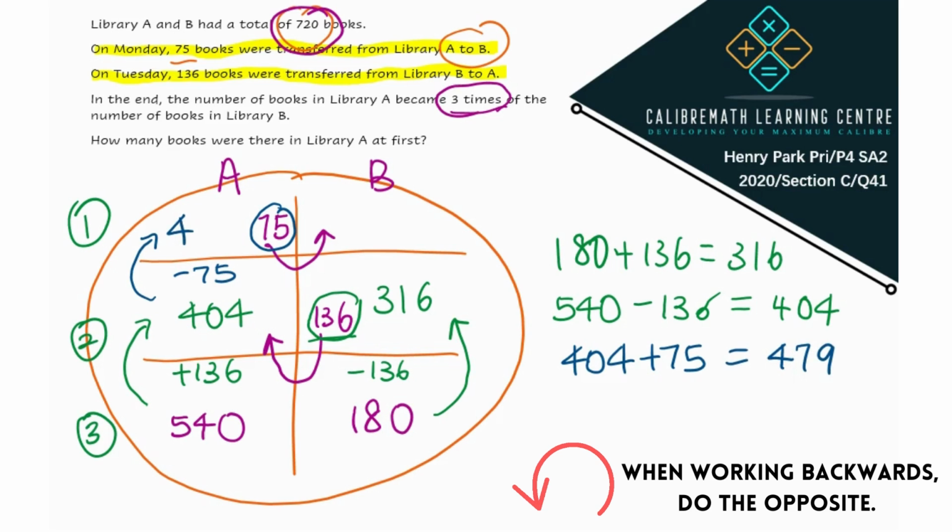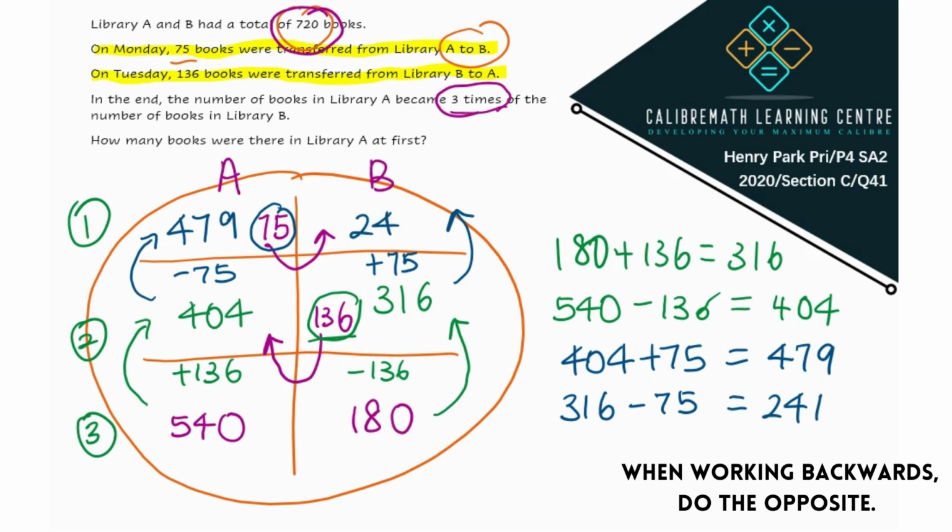So we're going to fill that inside our turtle stomach. And then we're going to do the same thing for B. And since B received that 75 from A, so it increased by 75. So working backwards, we will need to use 316 to take away the 75 that it received. And that gives us an answer of 241.